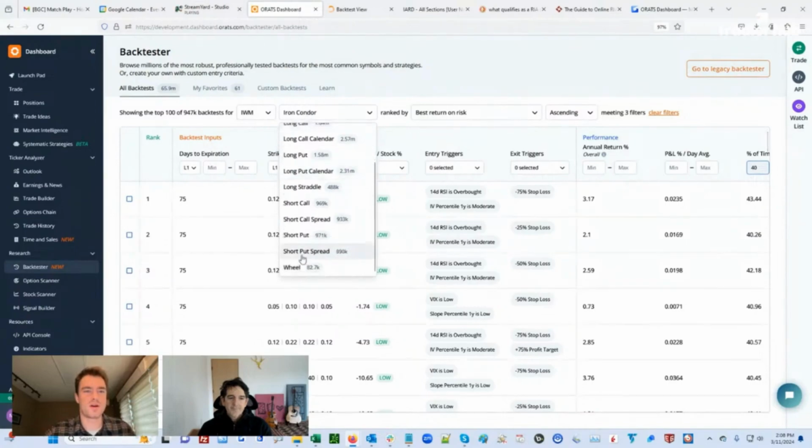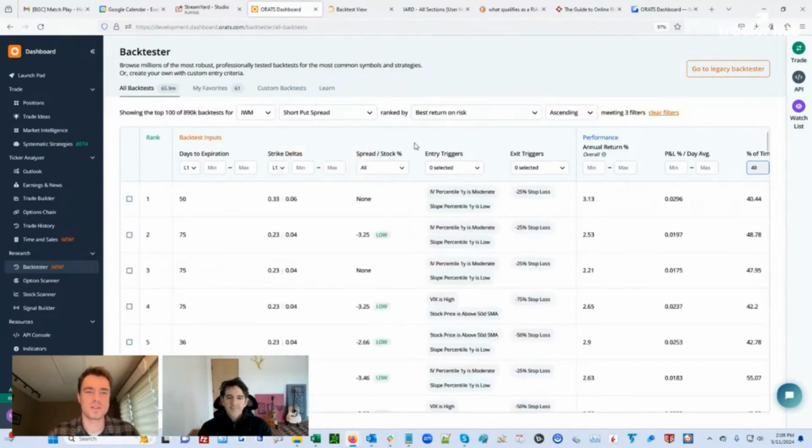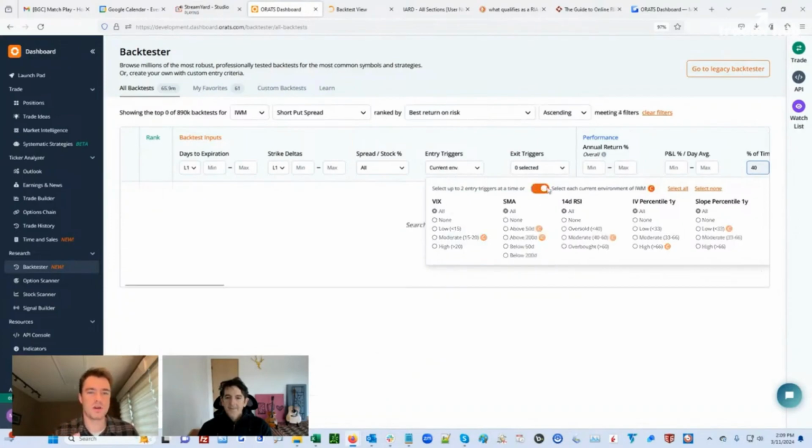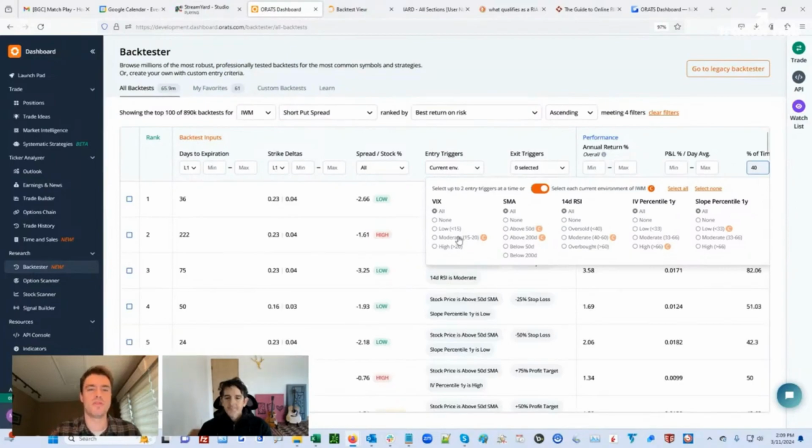So it looks at all those symbols and all those strategies. And then it looks at the current environment, which is a set of entry triggers that match where that stock is currently. So we're looking at the moving average of the stock, the RSI, the IV percentile and the slope percentile, as well as the VIX.